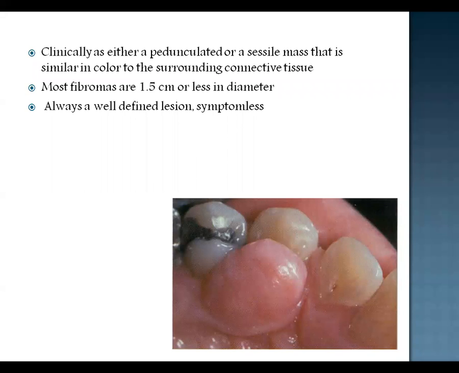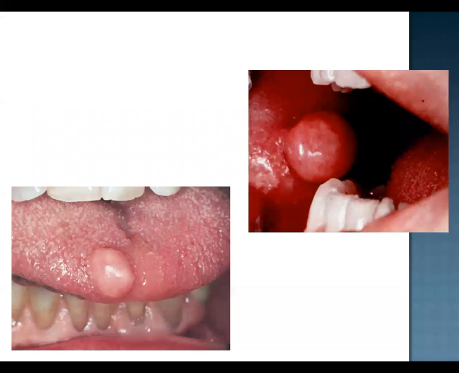The color of the swelling is very similar to the adjacent normal tissue. Also, the swelling is a pedunculated one or a sessile one, and this swelling comes under the heading of localized type of swellings. So see the pictures. You can see fibromas on a tongue.